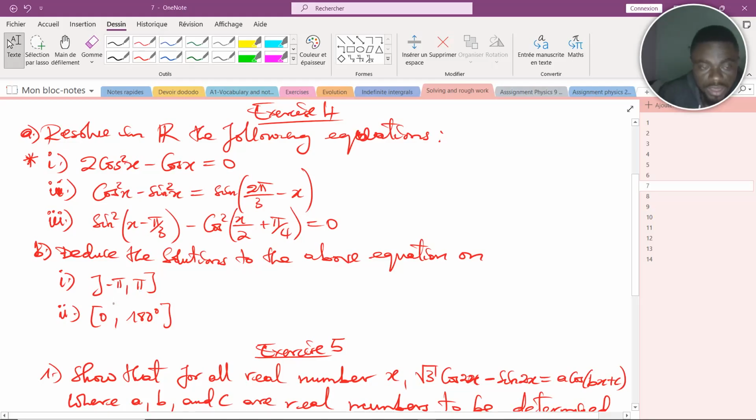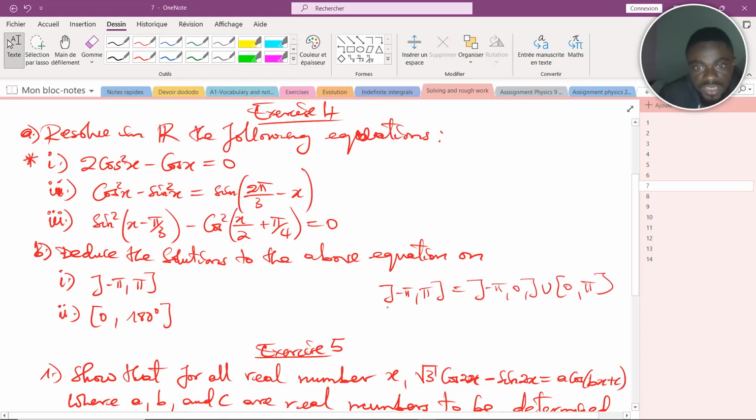Me, I can already deduce it without even doing the calculation, because if you notice something, this interval 0 to 180 degrees is found in this interval, because the interval minus pi to pi is the same as minus pi to 0 union 0 to pi.